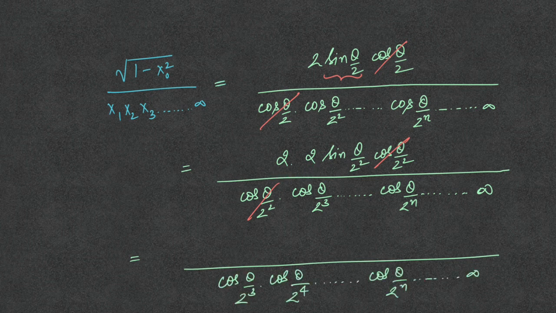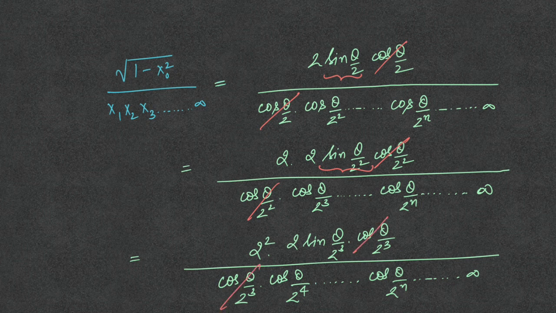In the next step, denominator as it is. This 2 into 2 is 2 square. And applying the sin 2 theta property here, we get 2 into sin of theta upon 2 cube into cos of theta upon 2 cube. Cancelling the common.